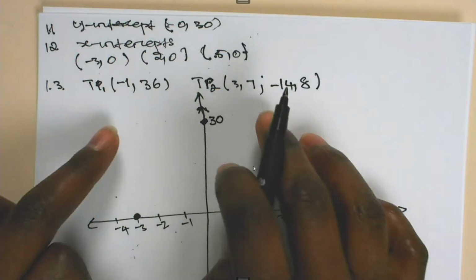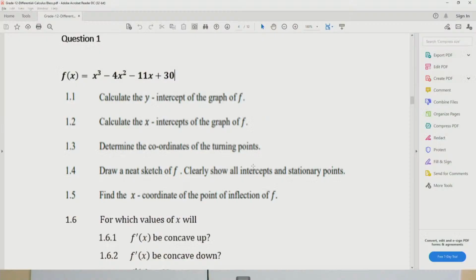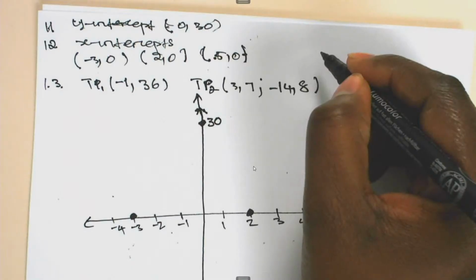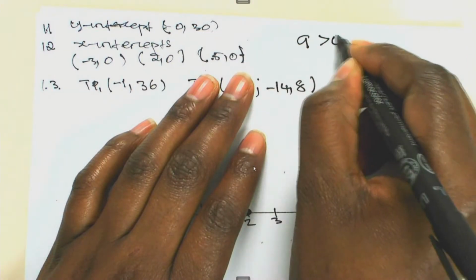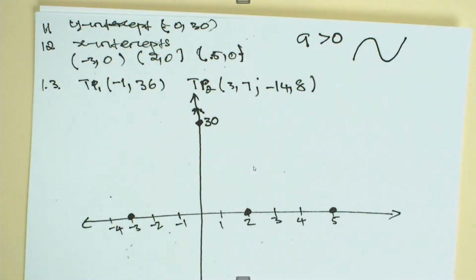From this information, learners, you'll recall when you check our cubic function, we have f at x is equals to x cubed minus 4x squared minus 11x plus 30. It means that the shape of the graph, the value of A is greater than 0, we are expecting a function of this nature. This is what we are expecting.